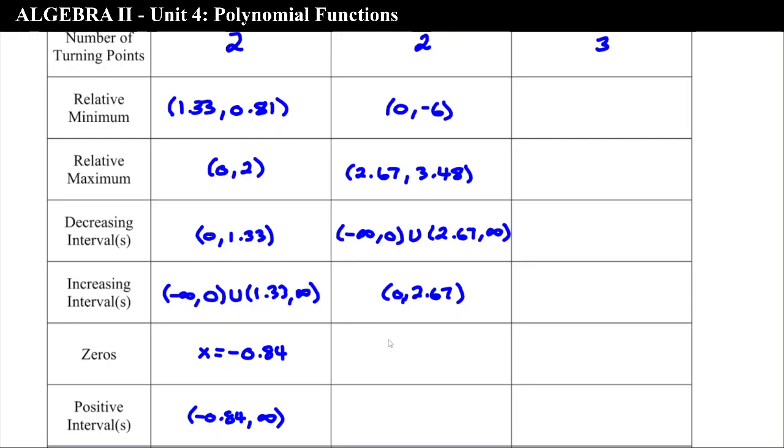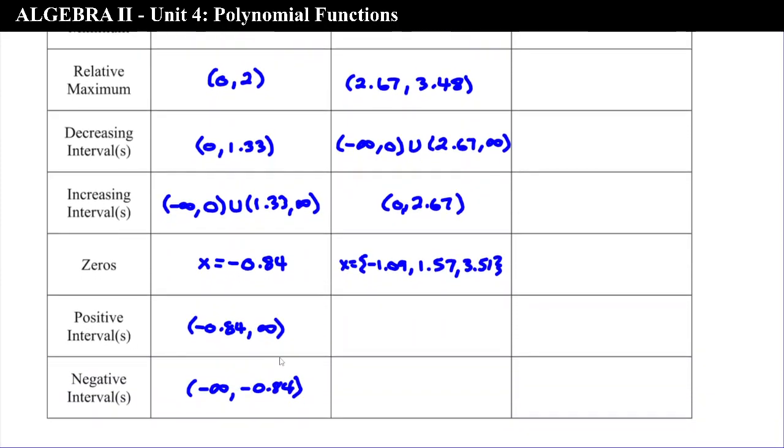Our 0, well, we've got 3 zeros in this particular graph. So we've got x equals negative 1.09, 1.57, and 3.51. So we have some positive intervals here, positive intervals starting at negative infinity and going to negative 1.09.